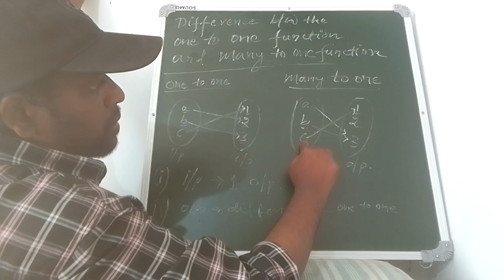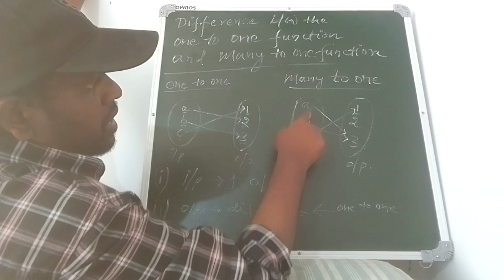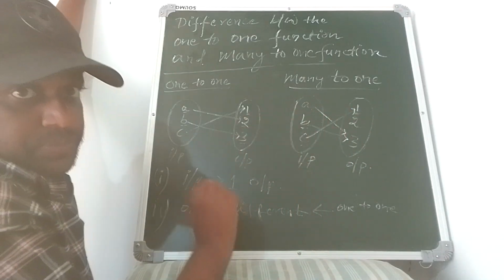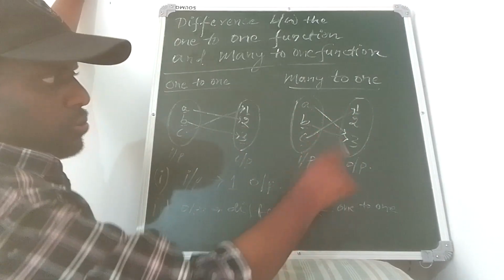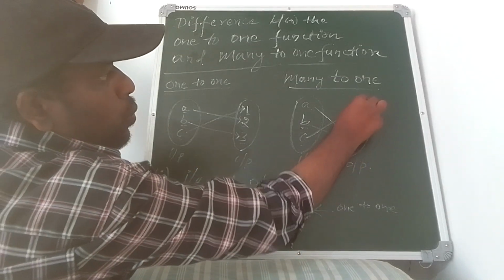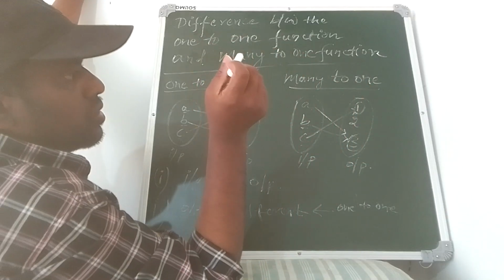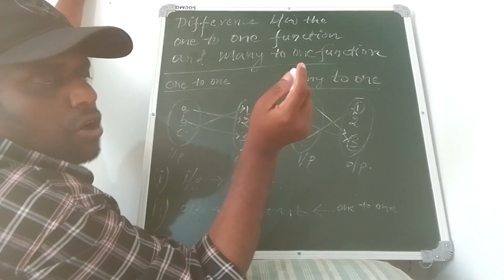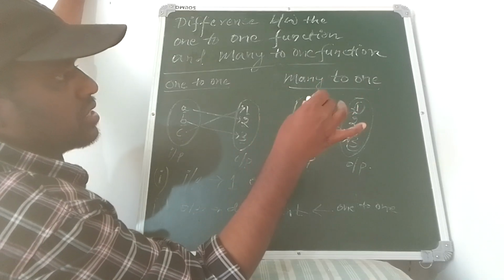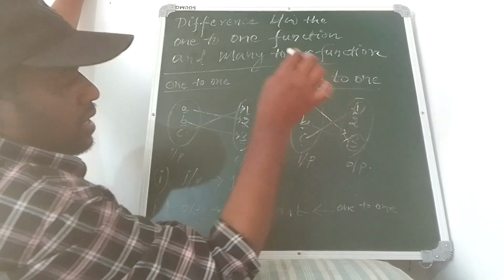For 1 there is an arrow from C. For 3 there are arrows from A and from B. For 2 there is no arrow mark. So 2 is not an output here. 1 and 3 are the outputs. These are just examples.